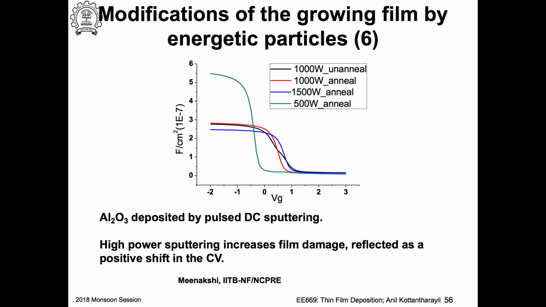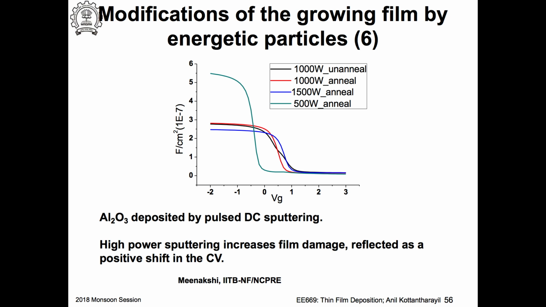And you are right, there is something happening at 1000 watts. If you look at this, you see the difference between the red and the black curves. This is before annealing, this is after annealing. So there is some damage at the interface, which leads to a high density of interface states.